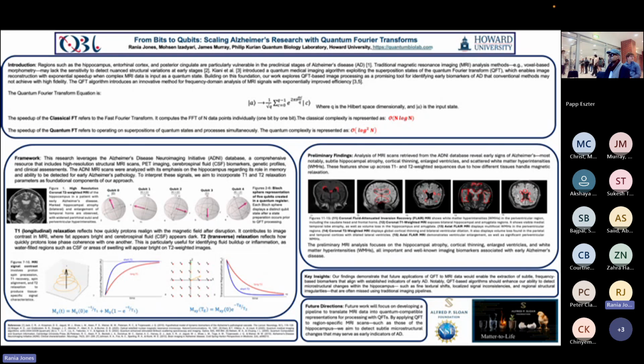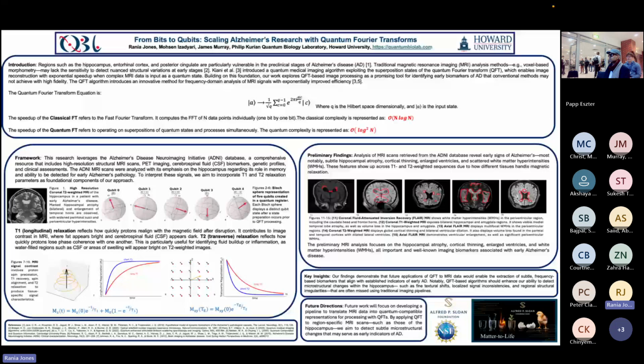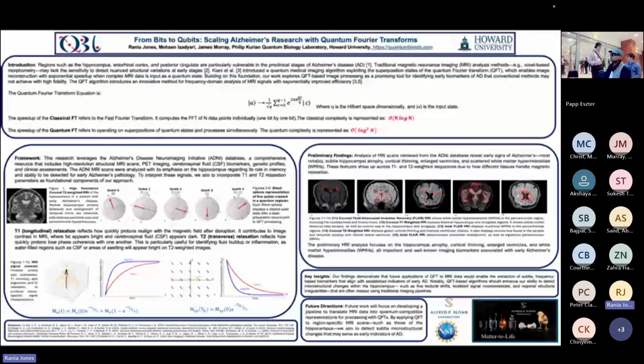The MRI images in my preliminary findings on the right highlight several of the major Alzheimer's biomarkers that I've been studying, including hippocampal atrophy, cortical thinning, ventricle enlargement, and white matter hyperintensities. You can see them highlighted accordingly in figures 11 through 15.